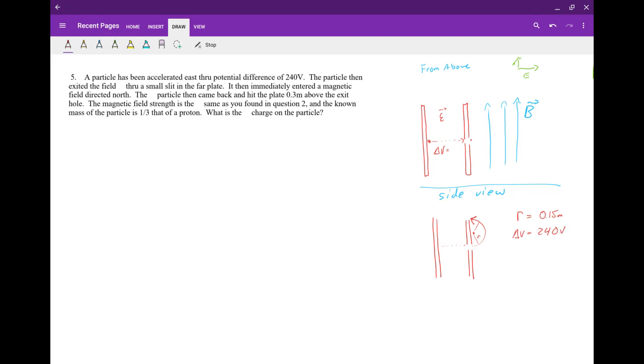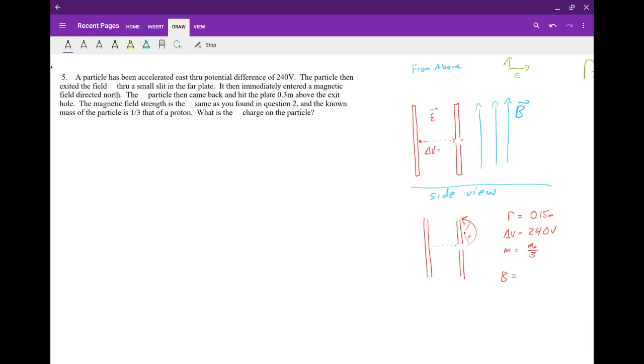We know that its mass is 1/3 that of a proton, so I'm going to write mass of the proton divided by 3. And we know that the magnetic field is the same as the one we found in question 2.